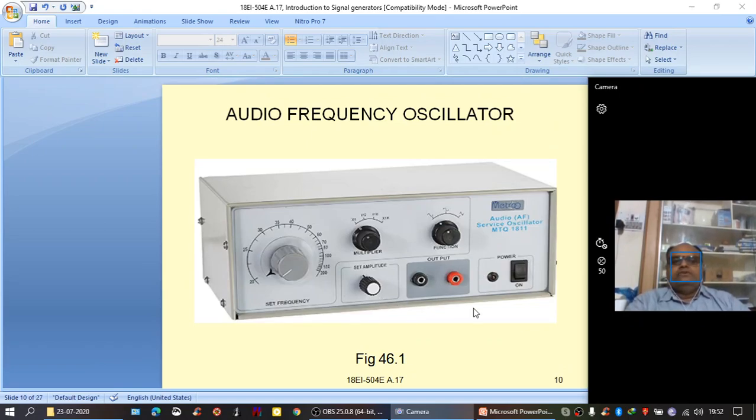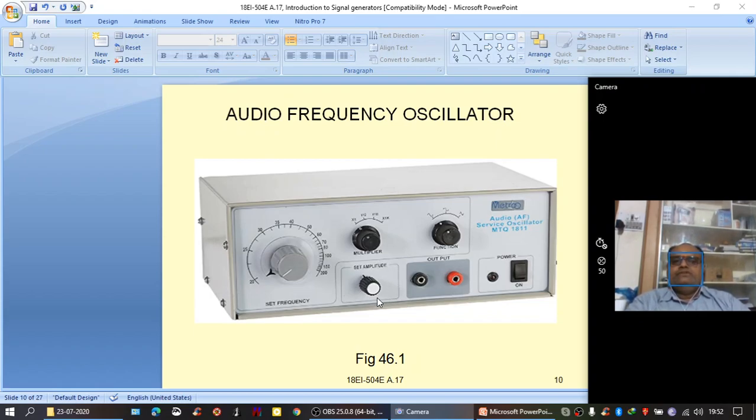Another design of audio frequency oscillator here. Here also you can see the power on switch. This is the MTQ 1811 model from Metro Industries. Output is available here.